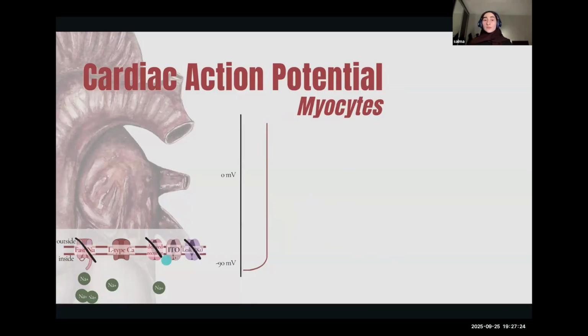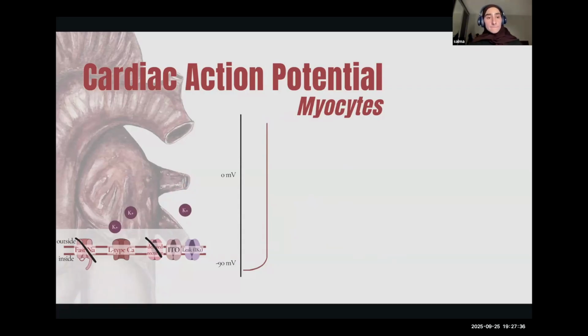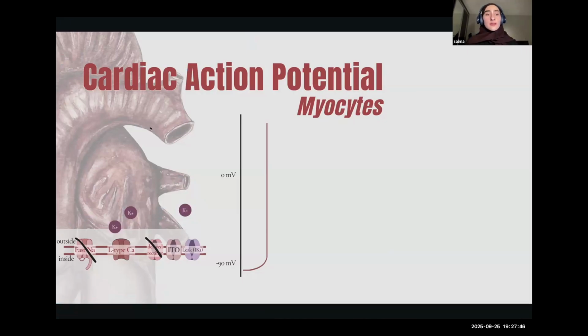What's going to happen now is your Ito, or your transient potassium channels, are going to open, and the potassium is going to go outside for a really short period of time. What's this rush out of potassium going to cause? Yes, depolarization is when it gets positive through sodium channels. Yes, exactly.